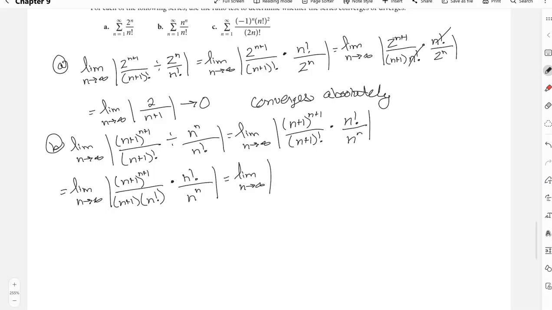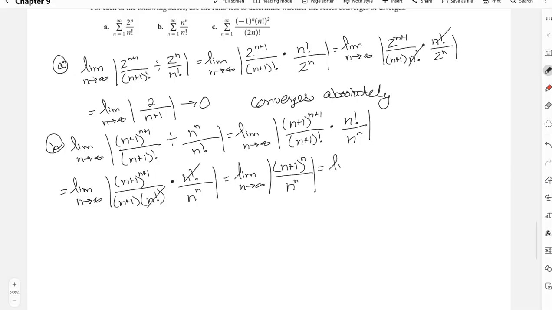So notice that this n plus 1 to the n plus 1 over n plus 1 is going to reduce. So we're going to have just an n plus 1 to the n. When we divide and we have the same base, we would subtract the exponents. So n plus 1 minus 1 is just n. Those n factorials cancel. And then we're dividing by n to the n.